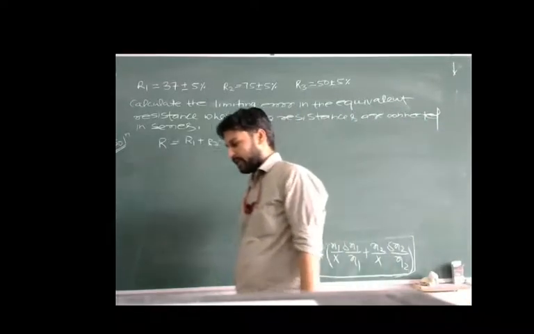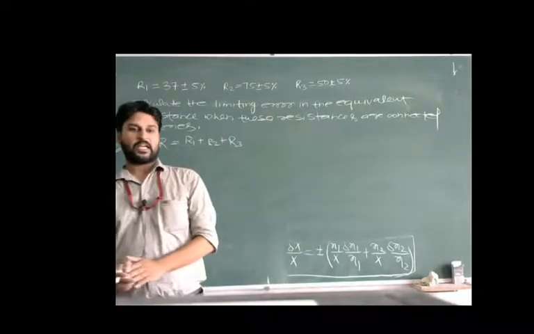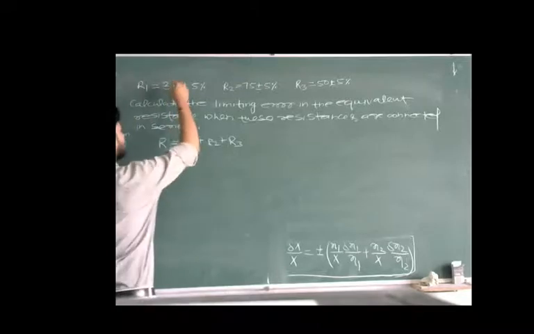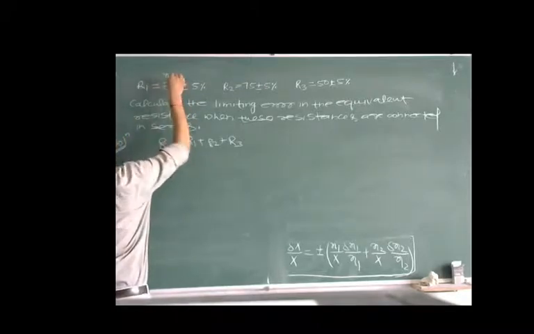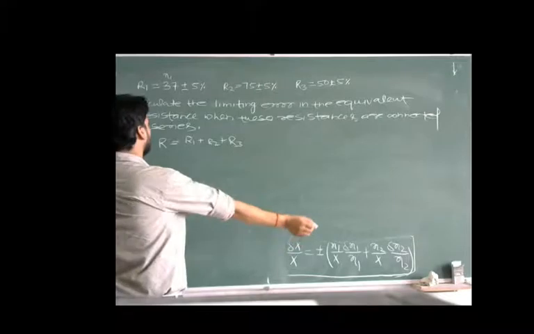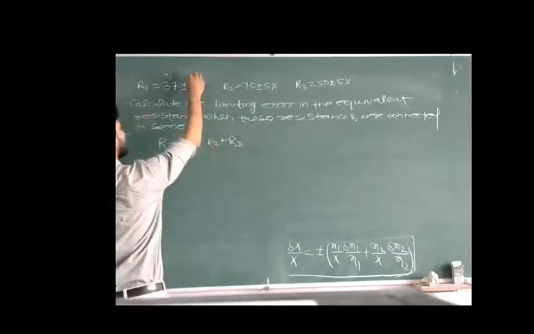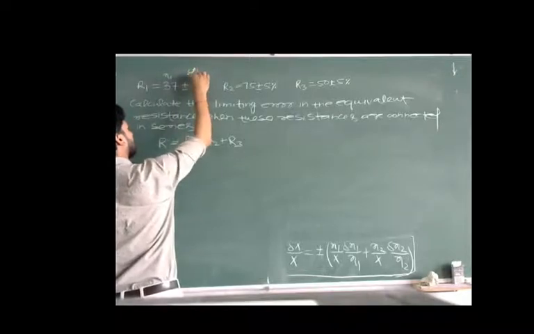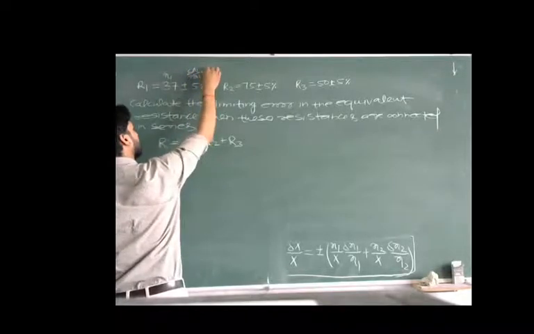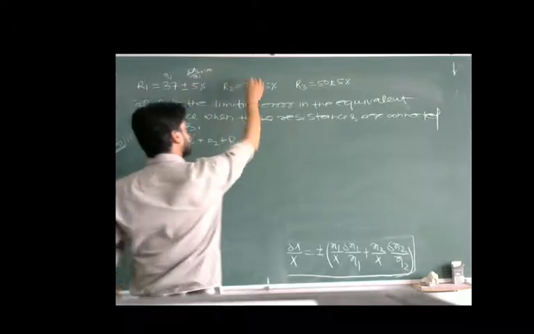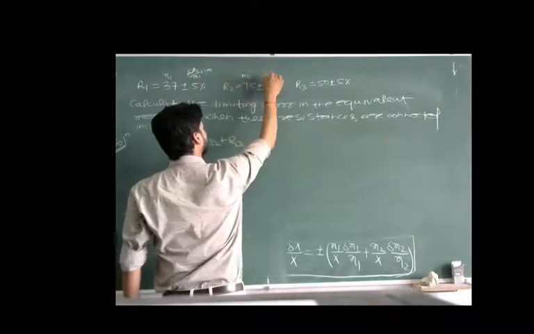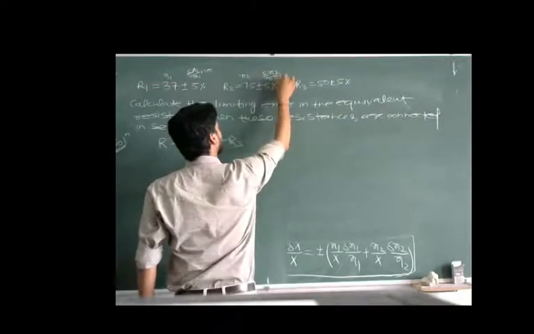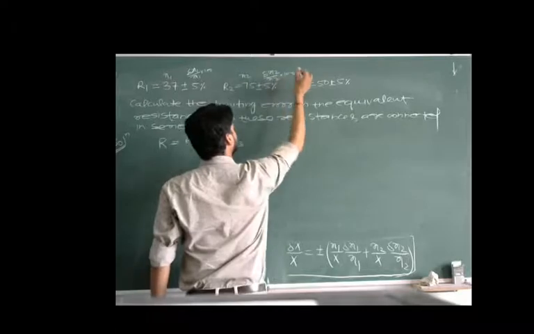If we compare this exercise with the previous case, the value of x1 here is given, and this is the value of del x1 upon x1 into 100. This is x2, this is del x2 over x2 into 100.